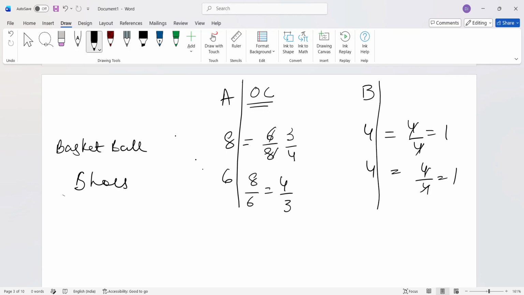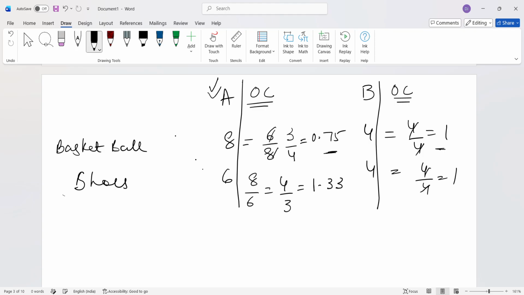Do remember how to calculate opportunity costs, right? Okay. So now this is 0.75 and this boils down to 1.333 if I convert that into decimals. And so I again compare the opportunity cost. For basketballs, country A has a lower opportunity cost.